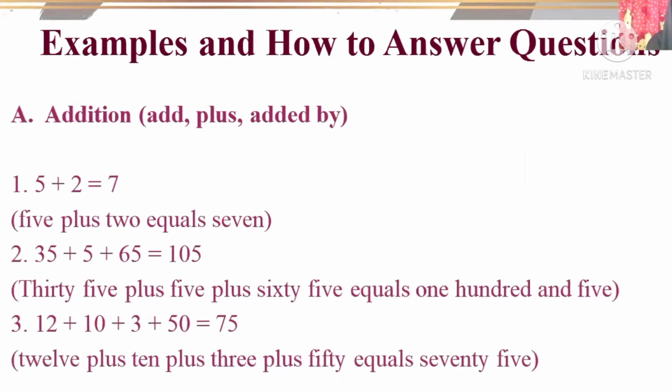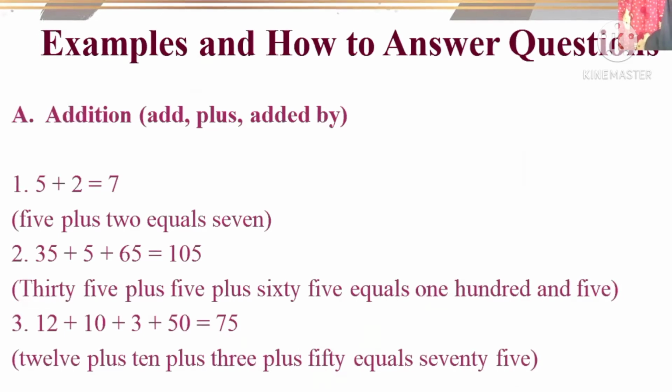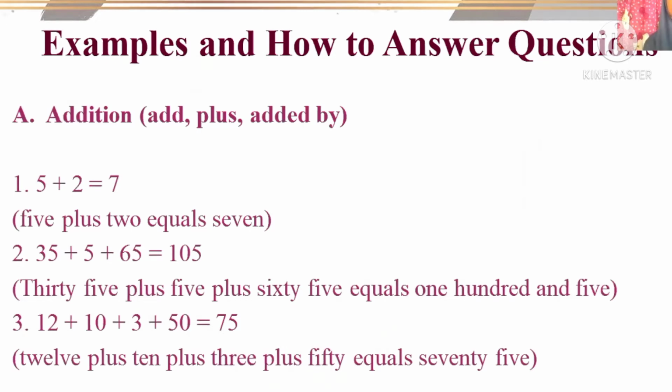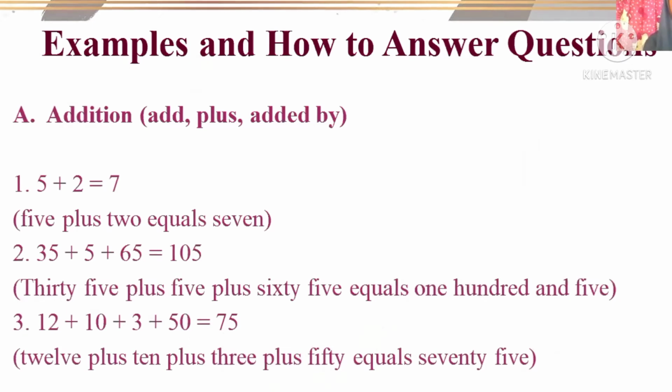The first, addition. Read, add, plus, added by. For example, 5 plus 2 equals 7. 35 plus 5 plus 65 equals 105. 12 plus 10 plus 3 plus 50 equals 75.